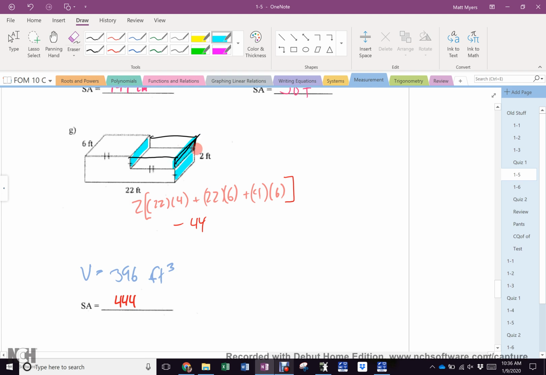So the only thing missing is that little green rectangle there, right? If I make this whole, the only thing missing is that little green rectangle. So I subtracted it out. Why? But it is there. It's there and it's there.